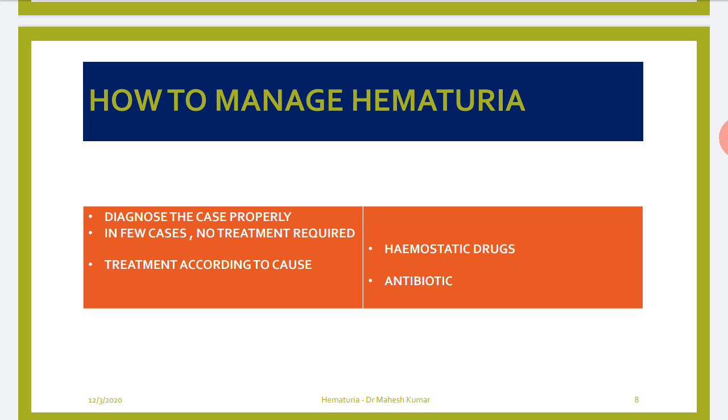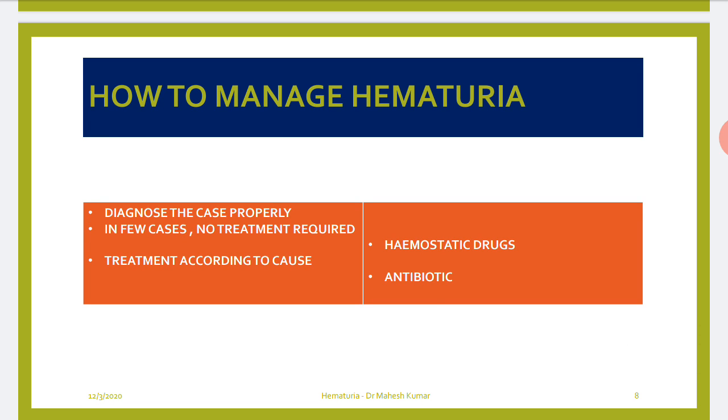On that basis, you plan to treat the hematuria according to the cause. Drugs frequently used are antibiotics, hemostatic drugs, and stone-breaking procedures, invasive and non-invasive, and many more to remove the stones.